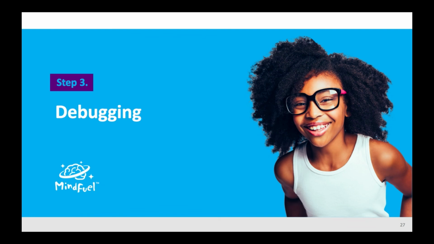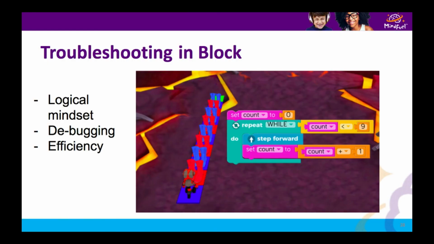We're going to finish today's webinar with a short discussion on debugging your code. Troubleshooting in block is definitely less intensive than when it comes to text, as the blocks are preset to represent the coding step itself, and you don't have to worry about syntax creating an error.